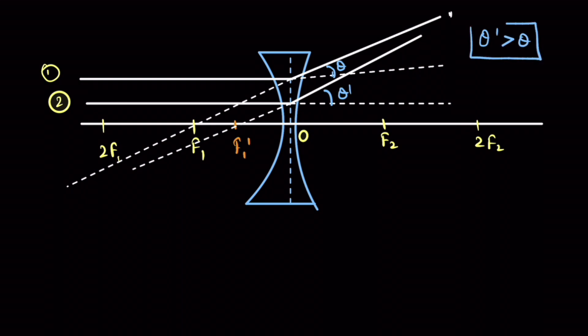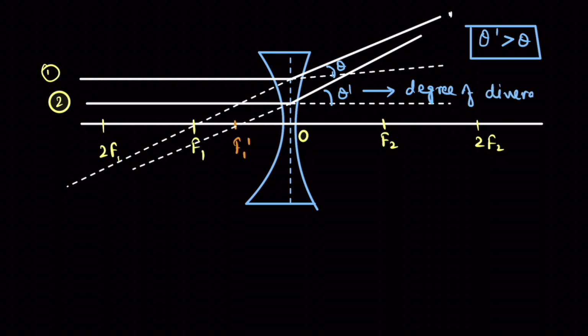And what are theta and theta dash here? These are the degree of divergence. So how much the incident ray gets diverged, or how much it gets converged, is decided by the degree of convergence and the degree of divergence. This degree of divergence and convergence is called the power of the lens.